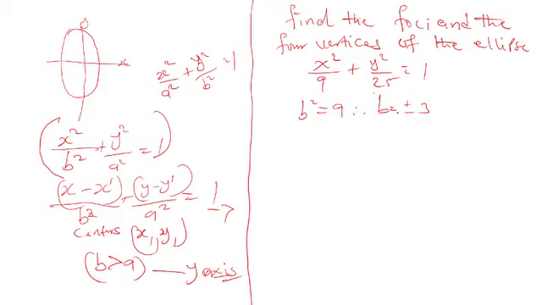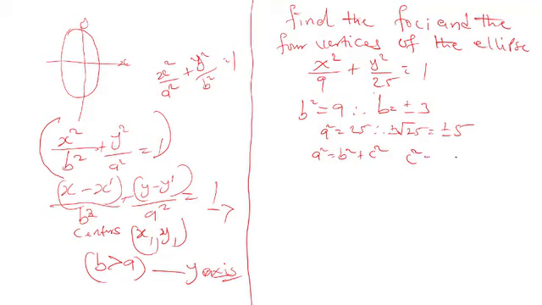The value of our b is plus or minus 3, and that of a: a squared is 25, so the value of a is plus or minus the square root of 25, which is plus or minus 5. But remember the relationship between a, b and c, using the Pythagorean theorem, just like we stated before: a squared is equal to b squared plus c squared.